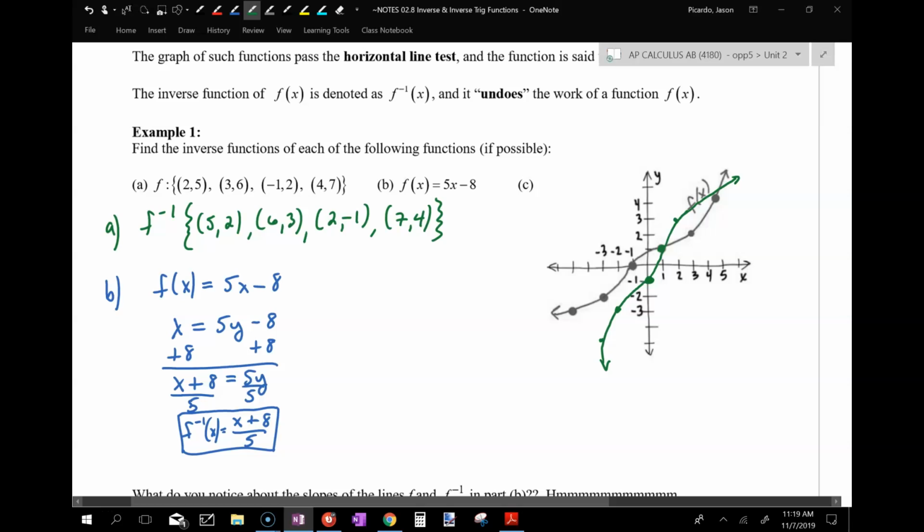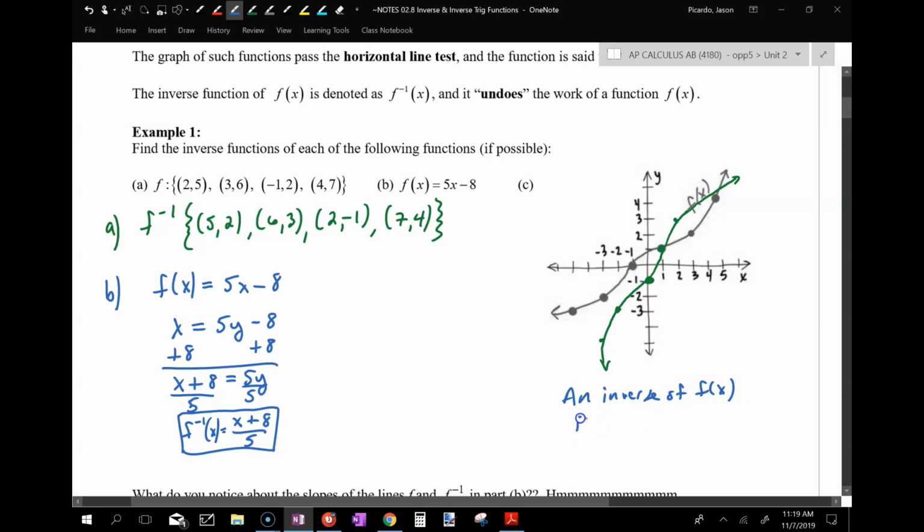Guys, give me another way to think about this graphically. An inverse is a what? Give me a word. Reflection of f of x in the line y equals x, right?